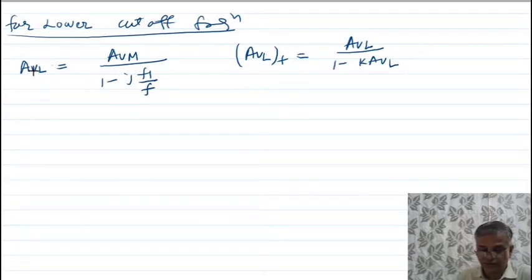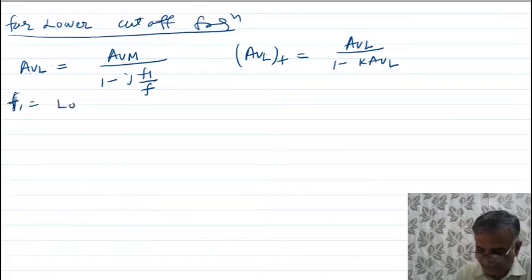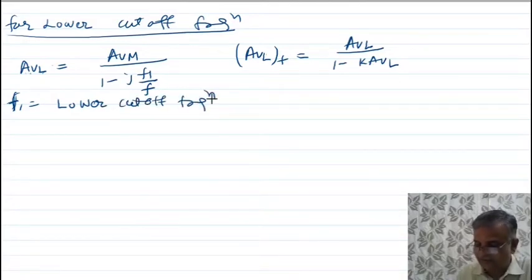This is the equation of AVL, the gain of the amplifier without feedback, given by AVM, the gain of the amplifier at mid frequency, upon 1 minus jf1 by f, where f1 is the lower cutoff frequency. You have already studied this.